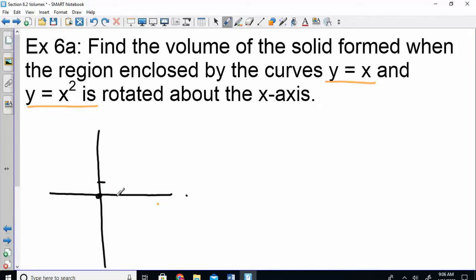y equals x. We know that's just a line: 0, 0, 1, 1, 2, 2. Of course, that would keep going. What's y equals x squared? A parabola. 0 squared is 0, 1 squared is 1, 2 squared is 4, negative 1, 1, negative 2, 4.